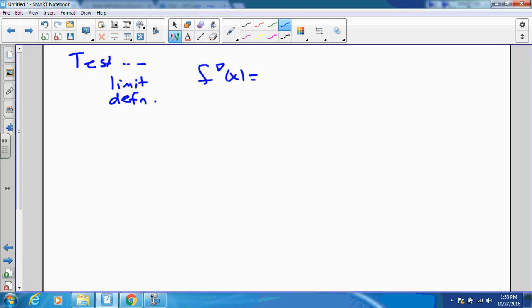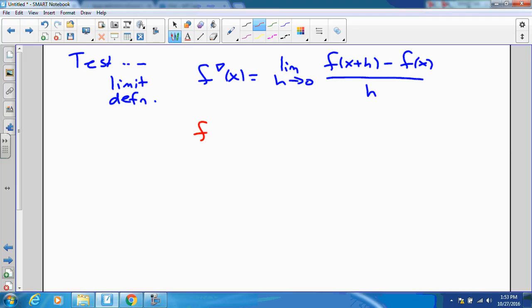F prime of x equals the limit as h goes to 0 of f of x plus h minus f of x, over h. Exactly. This evaluates f prime of x in general.